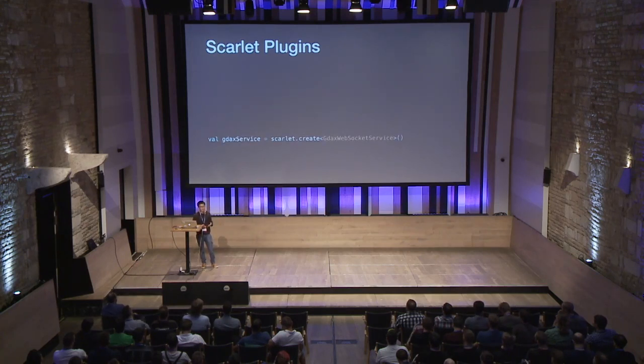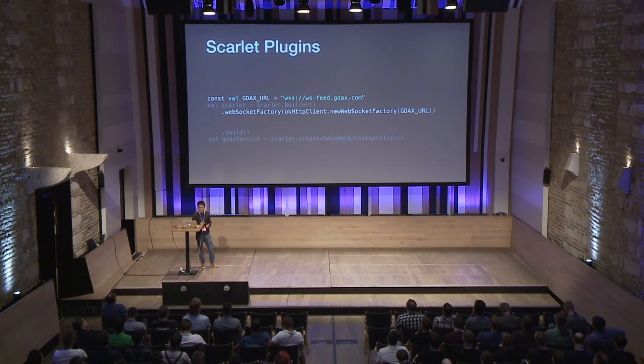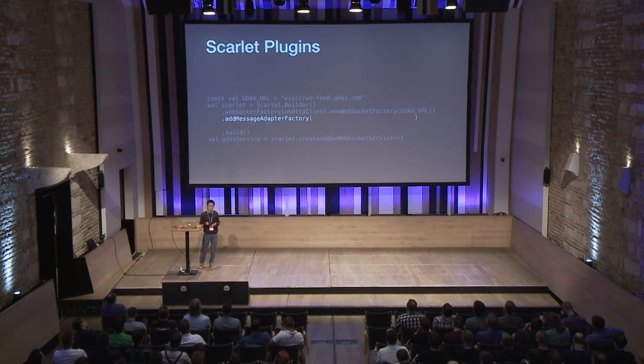And if you're starting from scratch like we just did, here's the recommended configuration. The Scarlet builder takes a WebSocketFactory that's based on the OkHttp client. It takes a message adapter factory that uses Moshi to serialize and deserialize your data.